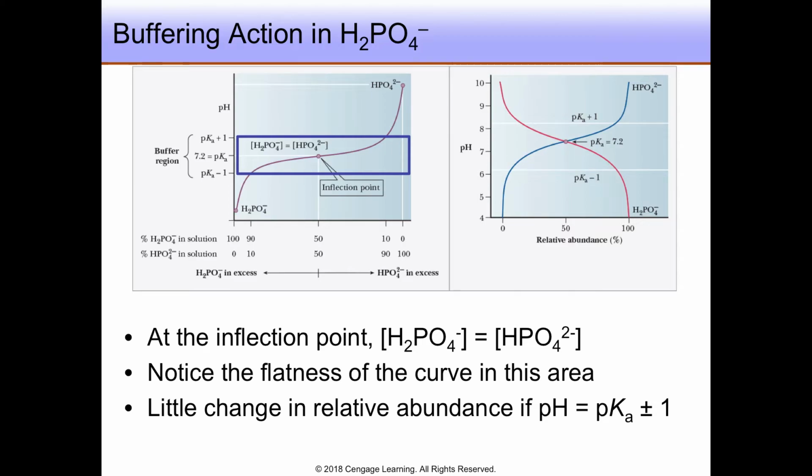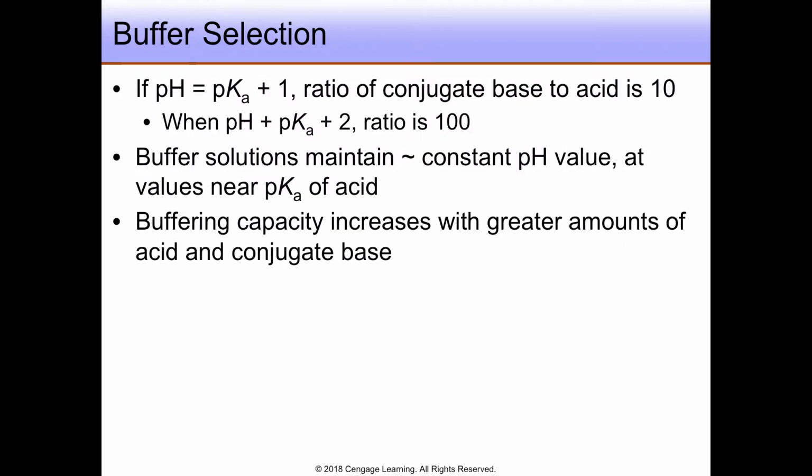A significant amount of base has been added over this range, and yet the change in pH is minimal. We see the same pattern when we graph pH as a function of relative abundance, as shown in the right graph. These results tell us that buffering capacity is the pKa plus or minus 1 pH unit.